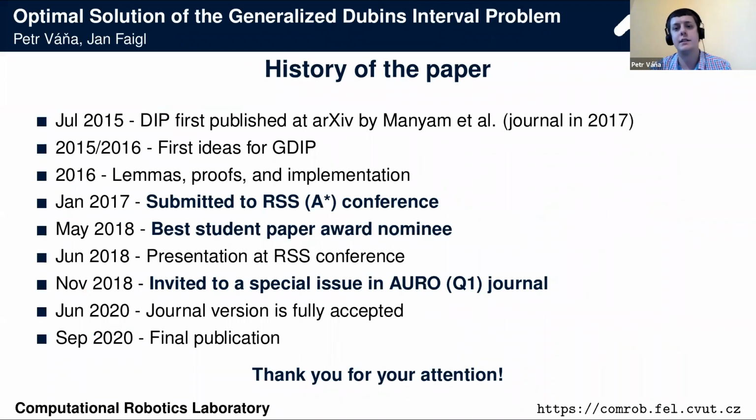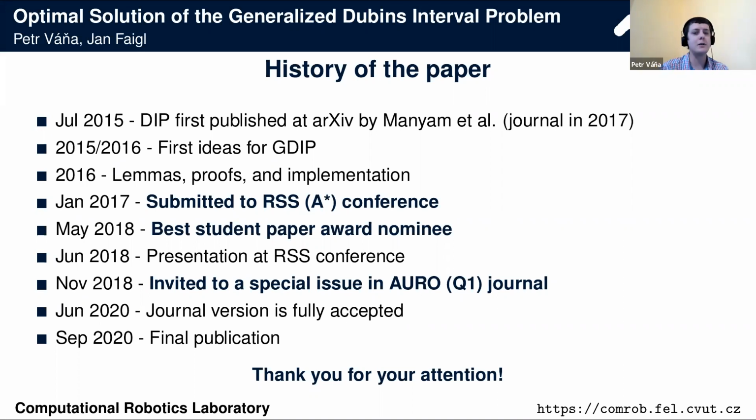So, just a final slide, I want to also summarize the history of the paper, because it's quite long, to be honest. We started with the paper where Manyam et al. published the Dubins interval problem. It was in 2015 on arXiv, and in 2017 there was the journal version.